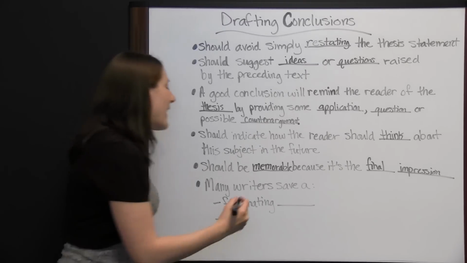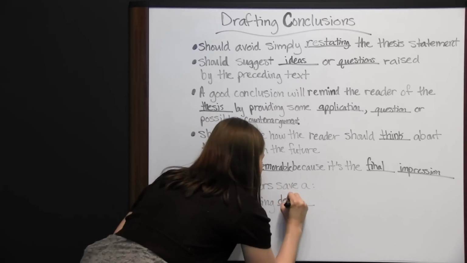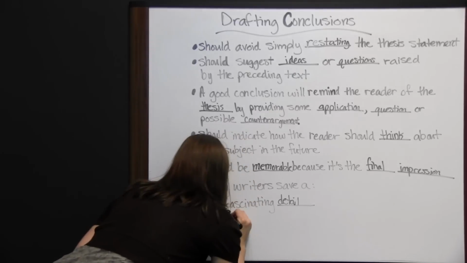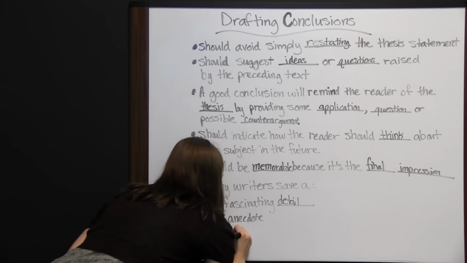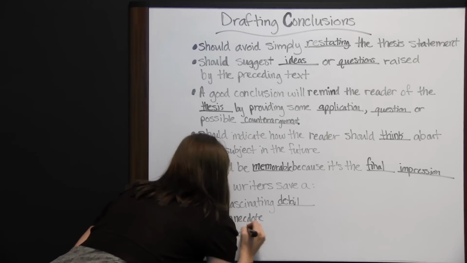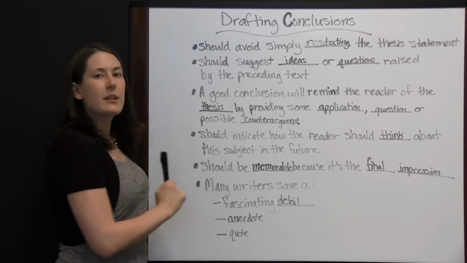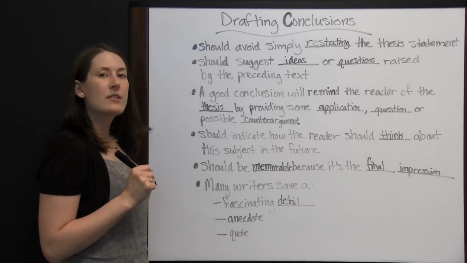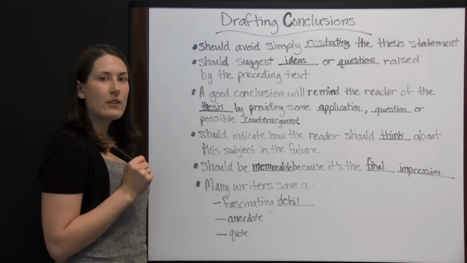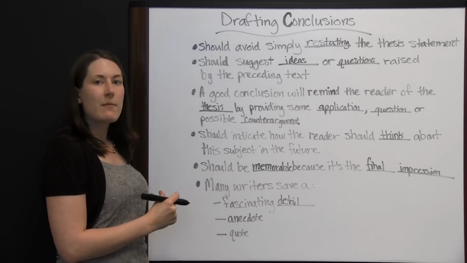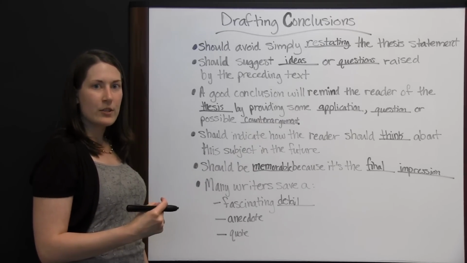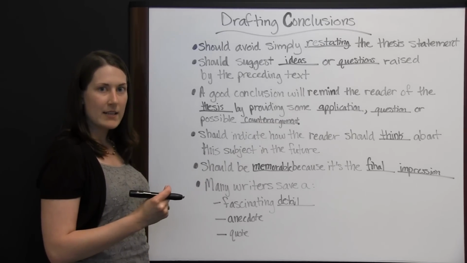Here are 3 different ways that you might do that without making it some awe-inspiring work. Many writers save a fascinating detail, an anecdote or short story, or a quote for the end of their paper. So your conclusion could have some fascinating detail. Maybe you saved one thing that you found in your research that you thought was really cool and it supports your thesis statement really well, and you saved it for the conclusion because you want your reader to remember that detail.